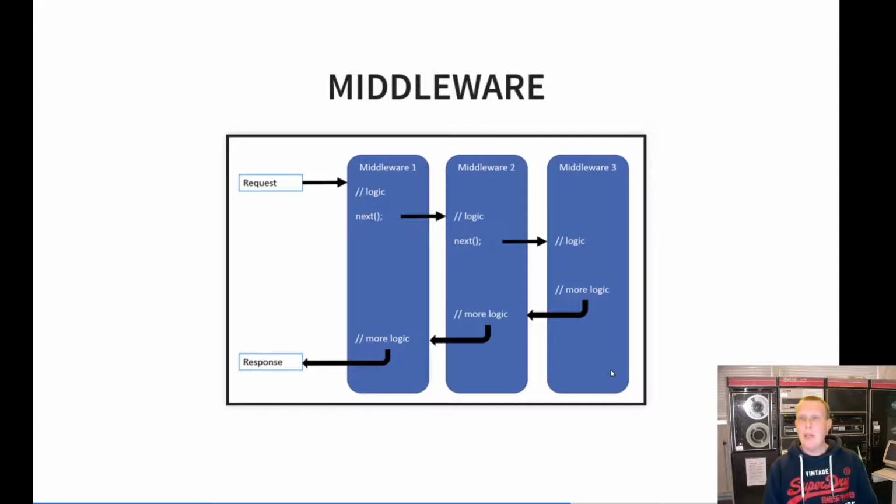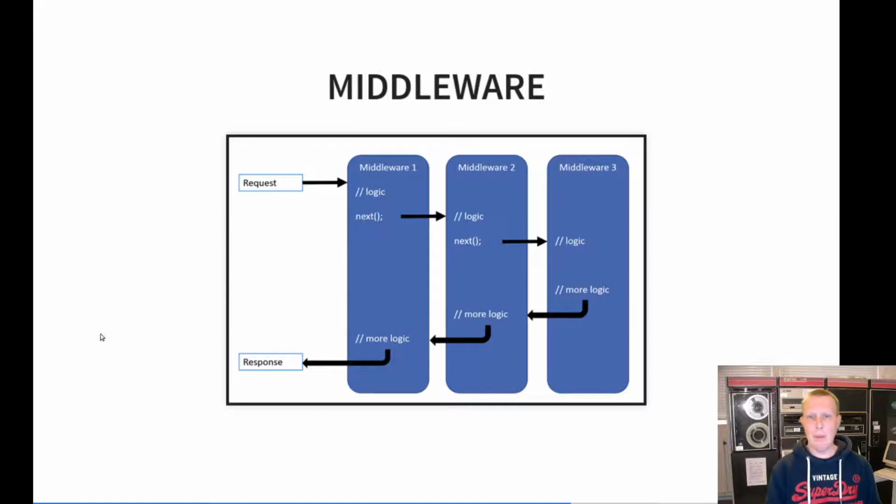So here's a graphical representation of how this works, and this is actually from Microsoft's documentation for writing middleware for ASP.NET Core. We see that we have a request coming in.